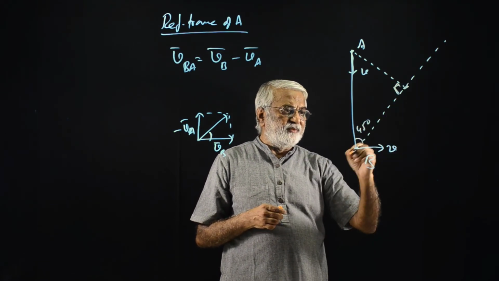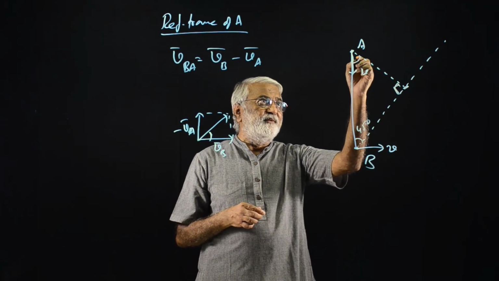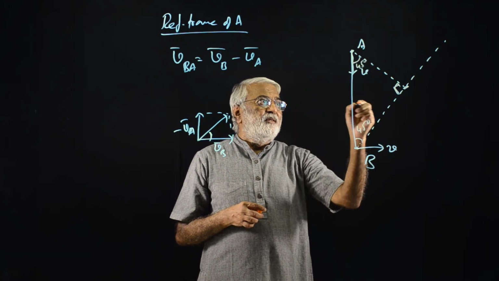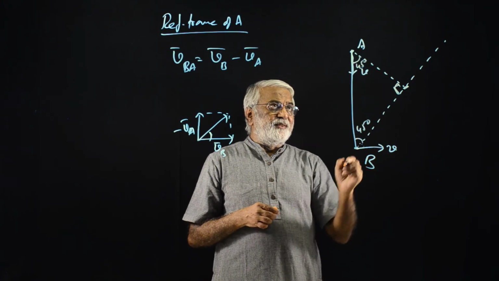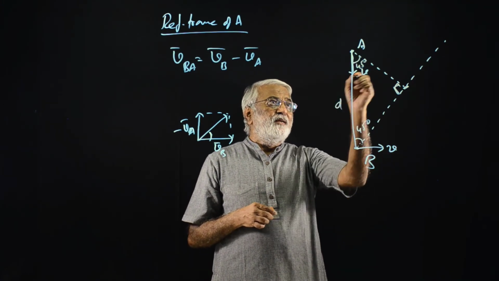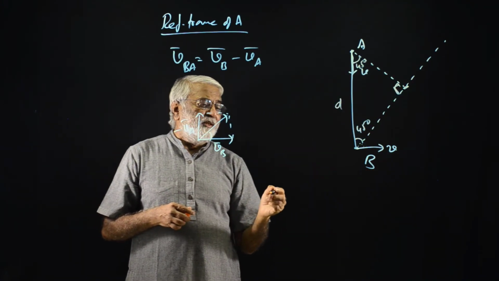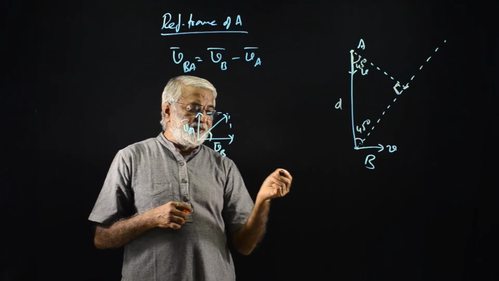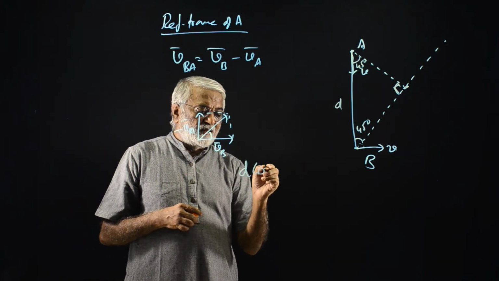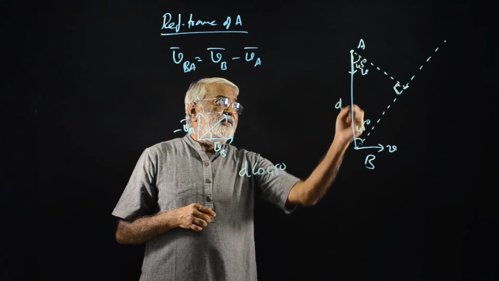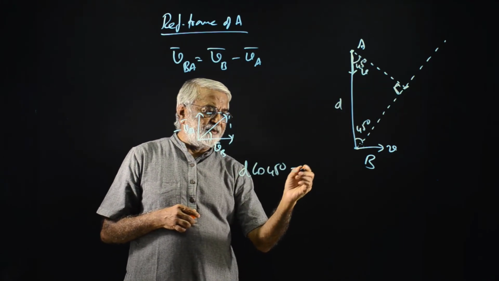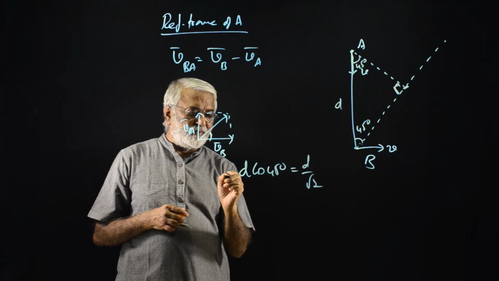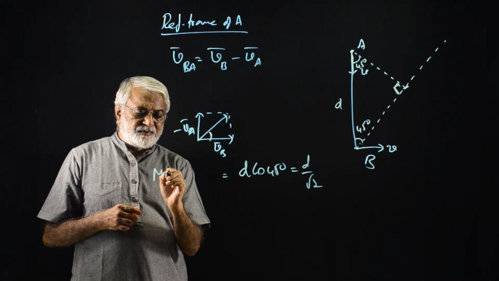This is northeast, this is 45, so this must be 45. So the minimum distance is D cos 45. This is D, and that's 45 degrees. That will be D by root 2. So one simple answer here. This is the minimum distance.